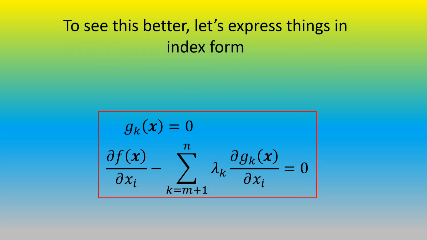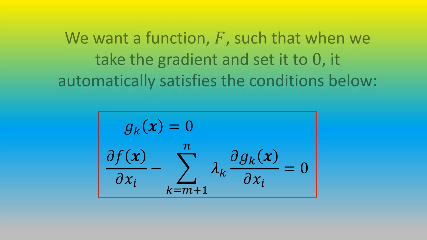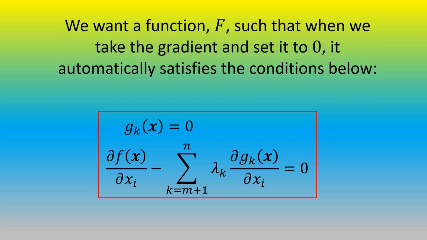So to see this better, let's express things in index form. We want a function F such that when we take the gradient and set it to 0, which will be optimizing it to find critical points, it automatically satisfies the conditions below.